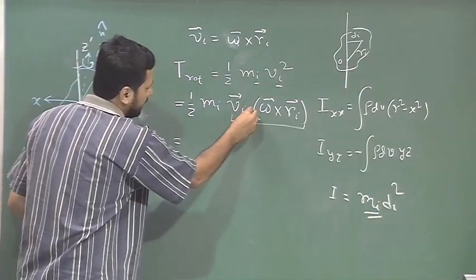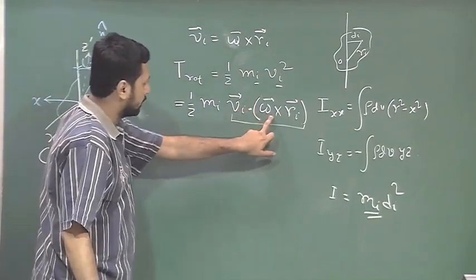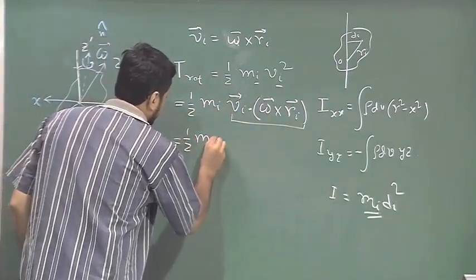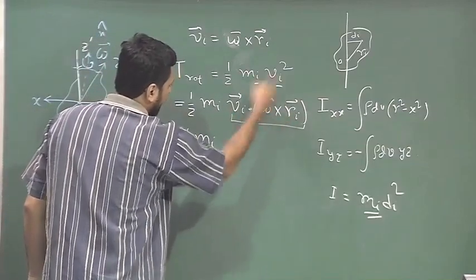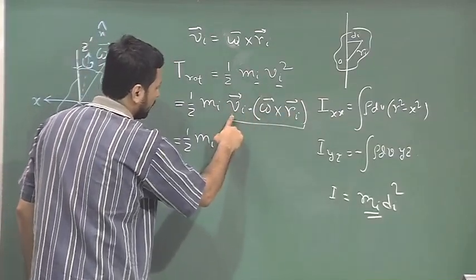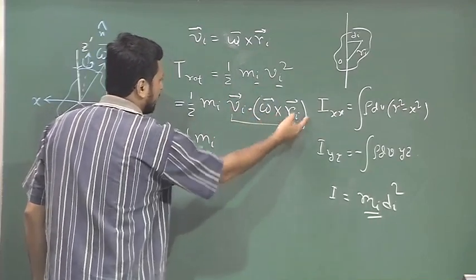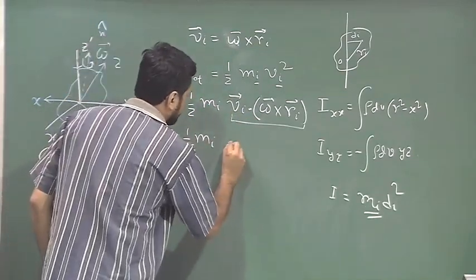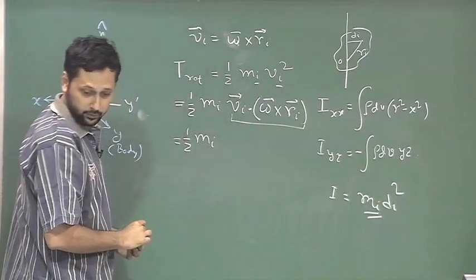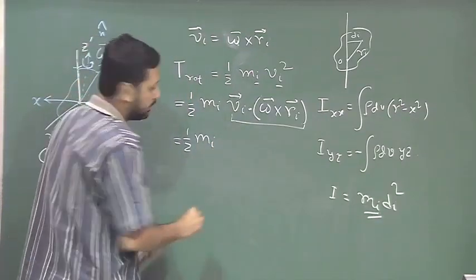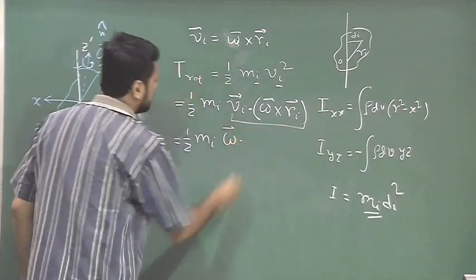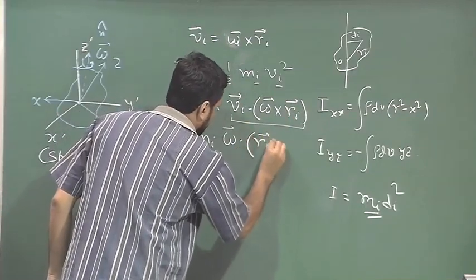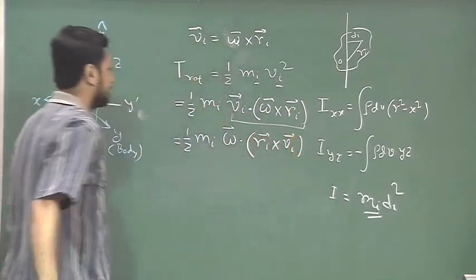This is a scalar triple product, one dot product and one cross product between three vectors, and we can do cyclic permutation, and with that we can bring r_i. So, we can write it as r_i dot v_i cross omega, then we can bring omega in here. After three such permutations, the final will be omega dot, so omega comes here, that means r_i has to go there, r_i cross v_i.